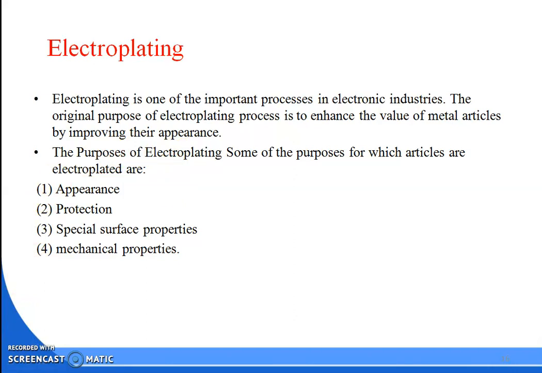As we know, electroplating is a part of electrolysis process or electrolytic process or electrochemical process. It is also an important process in electronic industries, where it is vastly used. So its original purpose is to enhance the value of metal by improving their appearance.